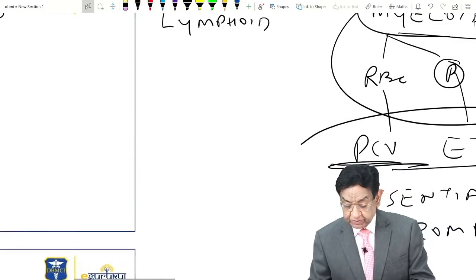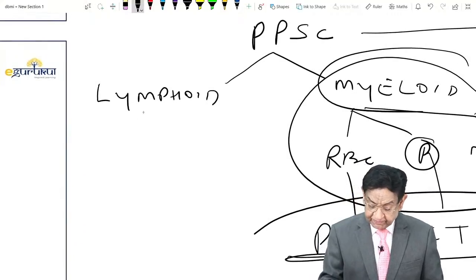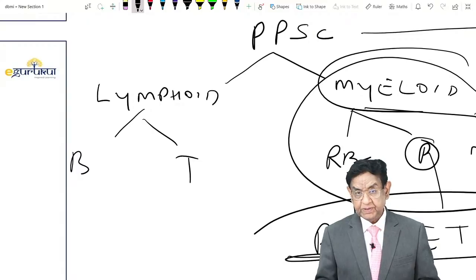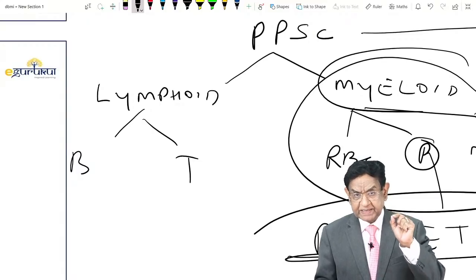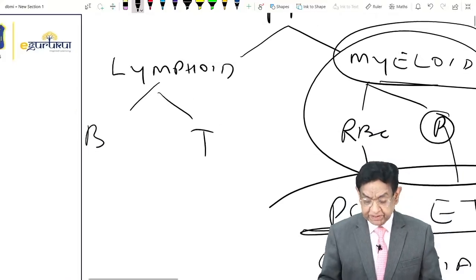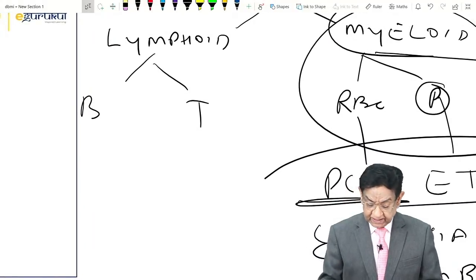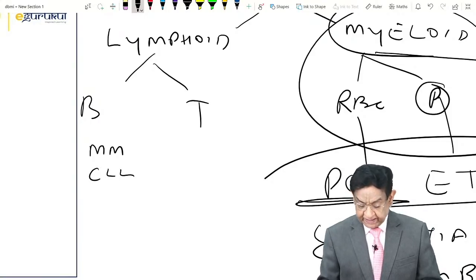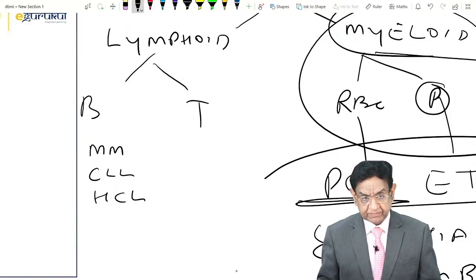Well, we come back to the lymphoid series. It gives rise to B and T lymphocytes. Now, whichever malignancy arises from these, particularly from the B cell, like what we get, multiple myeloma, chronic lymphocytic leukemia, and hairy cell leukemia. HCL is hairy cell leukemia.